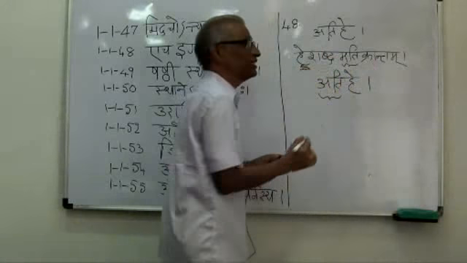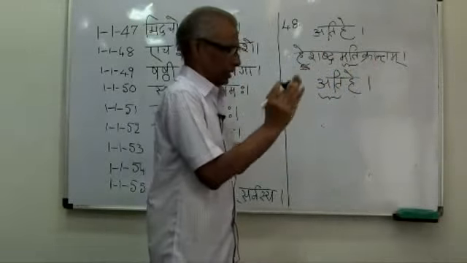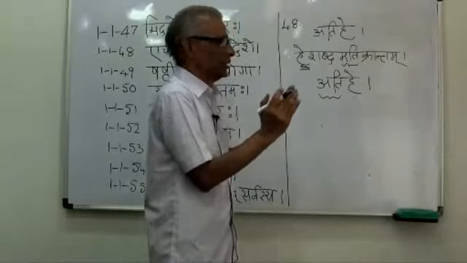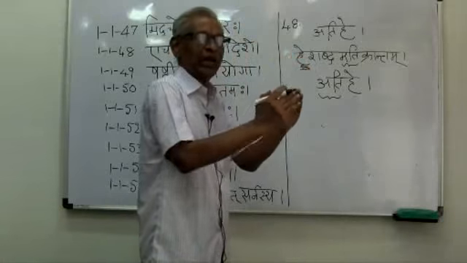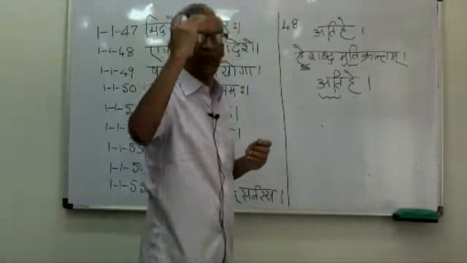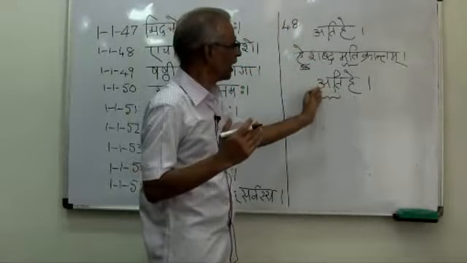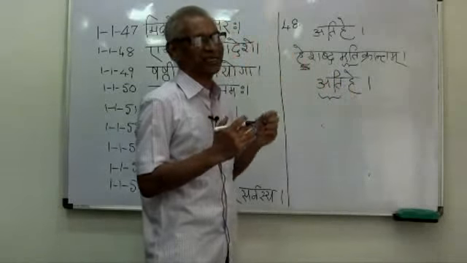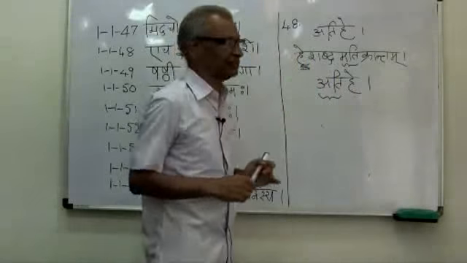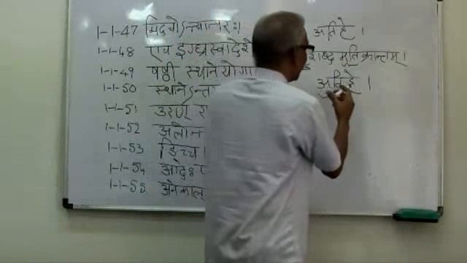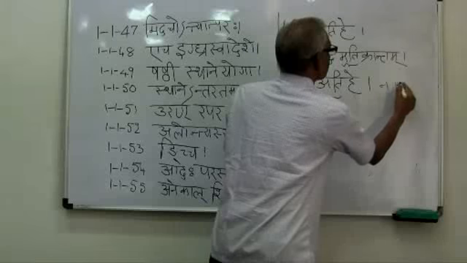So ati he is a napumsakalinga shabda. A group of persons are not able to hear the voice he, so they have gone beyond the hearing level. So that is called ati he. This is a napumsakalinga shabda because it pertains to a group of persons.